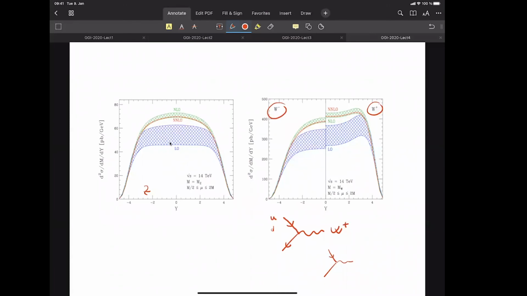Yes, it's a better example, because in e plus e minus you cannot do the W. Exactly, PP bar is symmetric. The cross-section is symmetric, yes.